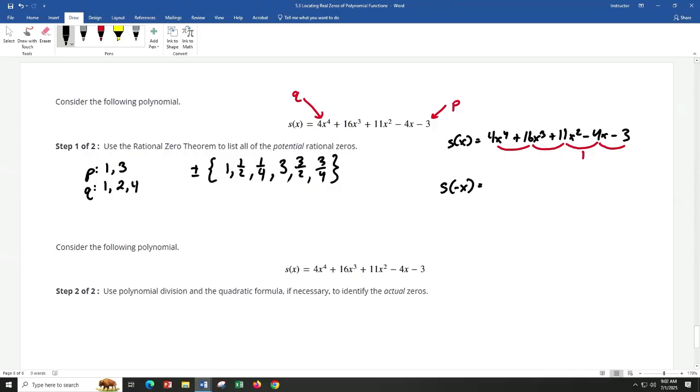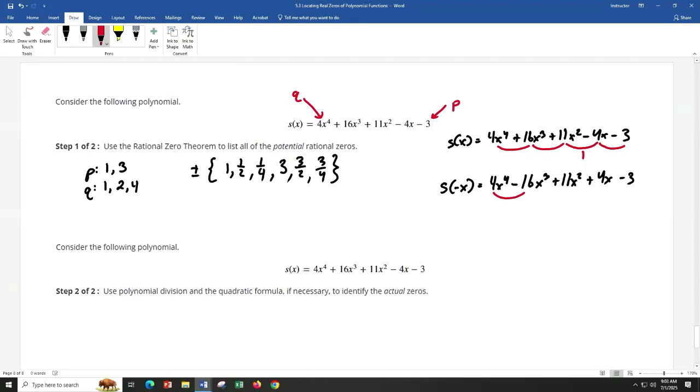Just flip the signs of the odd powers when you rewrite it. Notice I'm going to get 4x to the fourth minus 16x cubed plus 11x squared, because it's an even power, plus 4x minus 3.